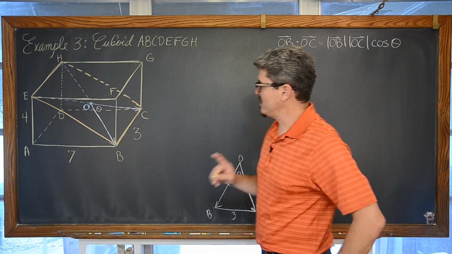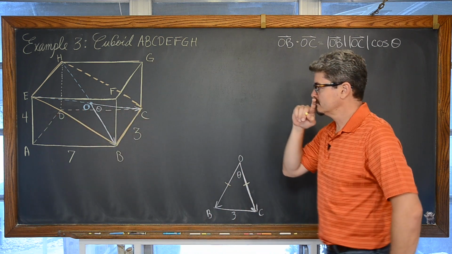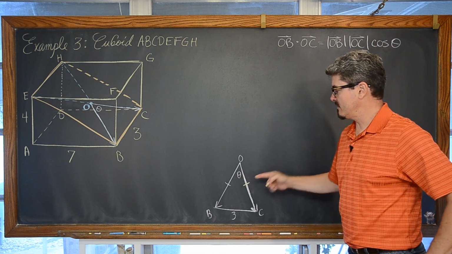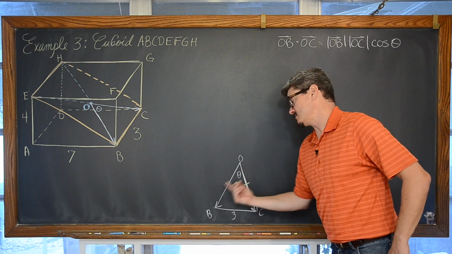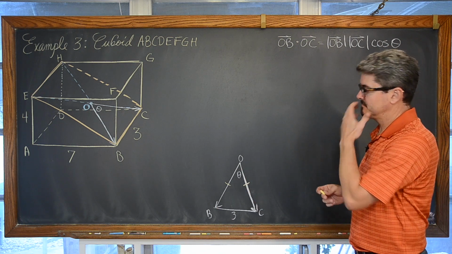Now we do have some information here of 3, 7, and 4, none of which are directly measurements of these segments, the magnitudes of these vectors that we need to find. But you know what?